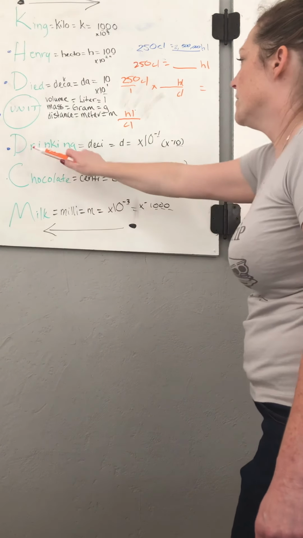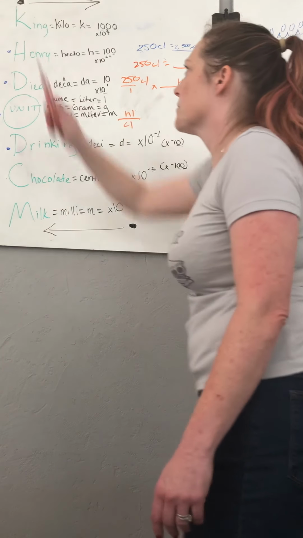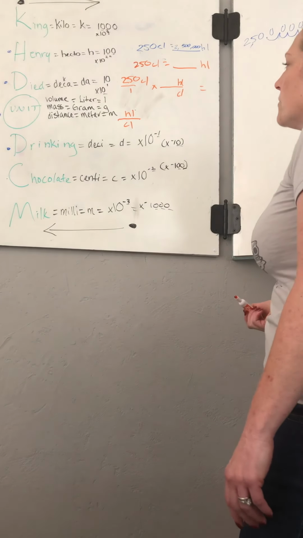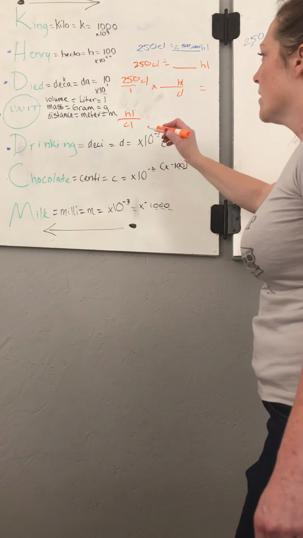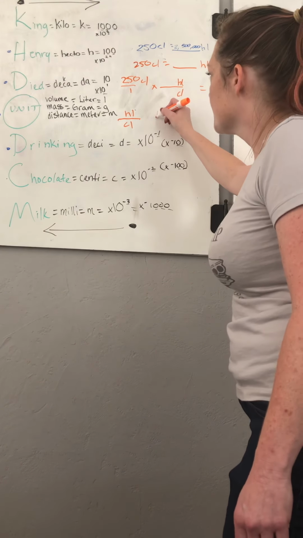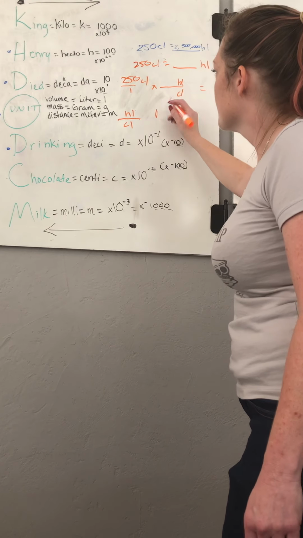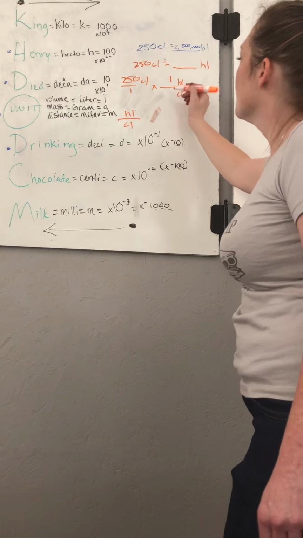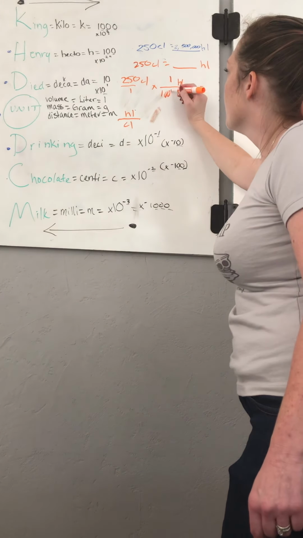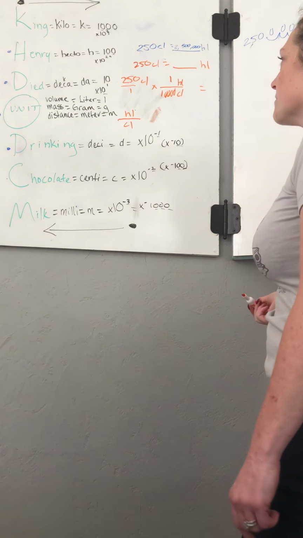So we need to know how many centiliters are in a hectoliter to get this part done. So if we're starting at the centi, 1, 2, 3, 4 is what we counted before, right? So there's going to be 4 zeros in our number. So 1 hectoliter is going to be 10,000 centiliters, okay?